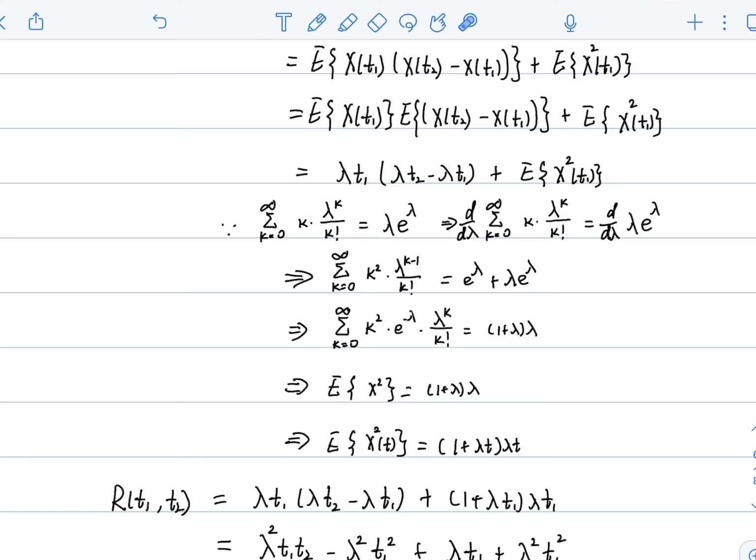From the Poisson distribution, we know this equation, which is implied from the definition of the distribution, that the sum of the Poisson distribution over k from 0 to positive infinity is equal to 1.